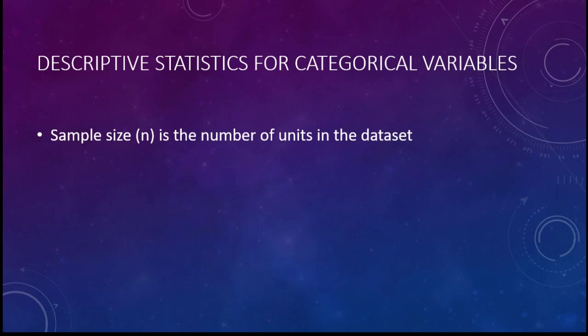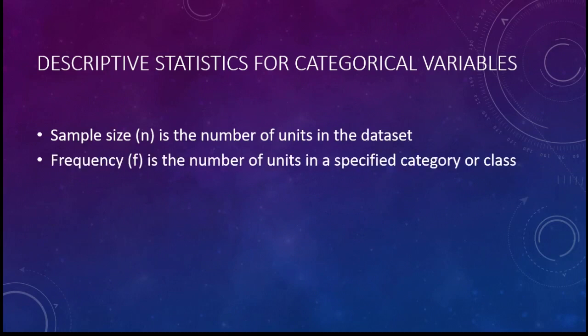When we are analyzing the data from 15 blocks, the sample size is 15. Frequency, often denoted with the letter F, is the number of units in a specified category or class. If we have 3 red blocks, the frequency of red is 3.